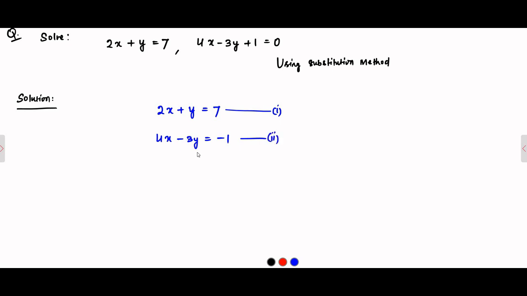Now the second step, expressing one variable in terms of the other. So let's say we pick equation number 1. From equation 1 we have y is equal to 7 minus 2x. We'll name it equation number 3.